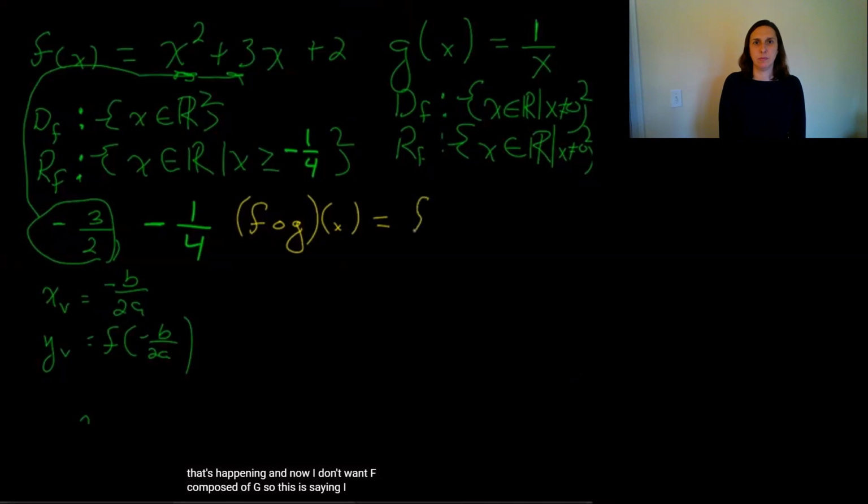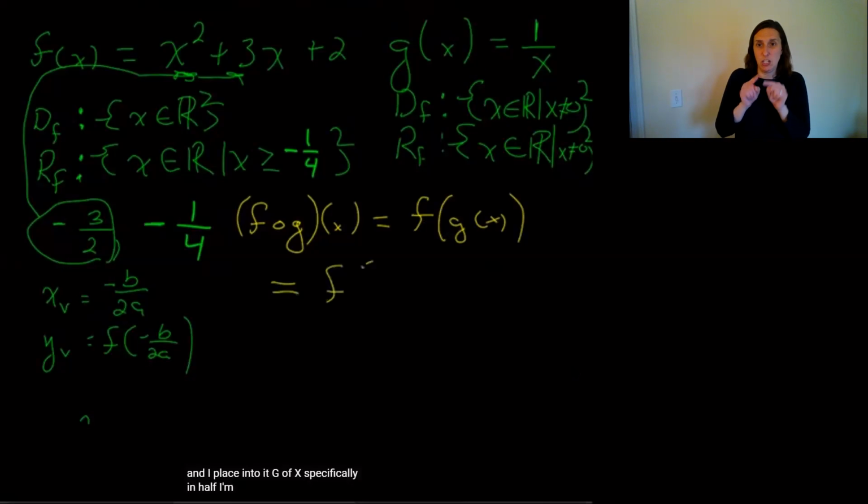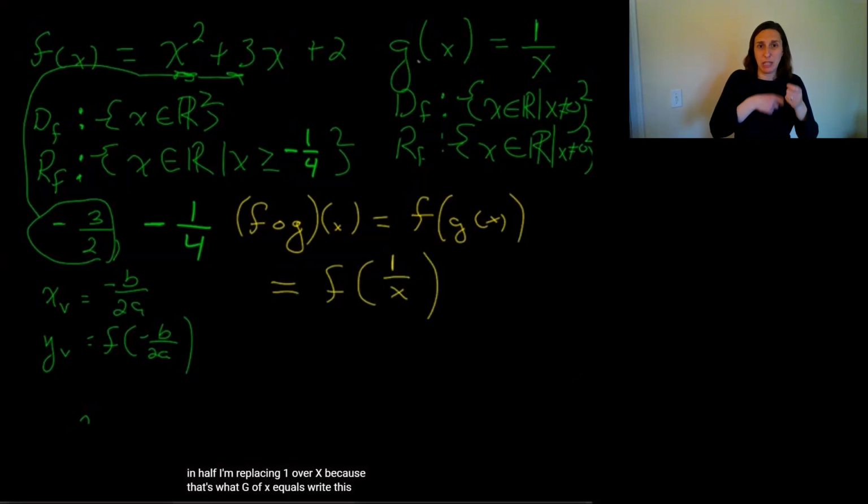So this is saying I take f and I place into it g of x. Specifically, in f, I'm replacing 1 over x, because that's what g of x equals, right? This equal sign says wherever I see g of x, I can replace it with this rule.